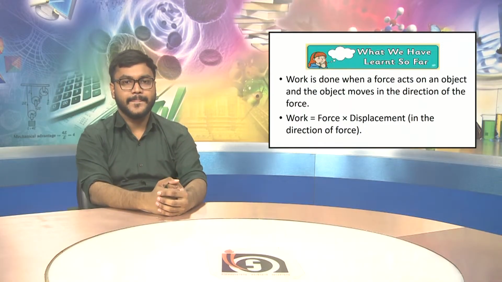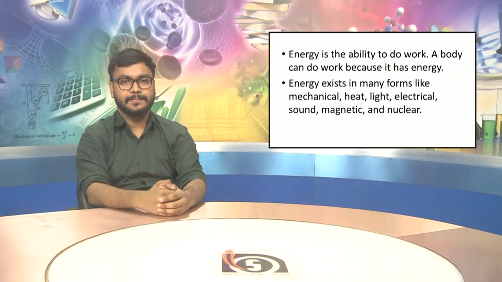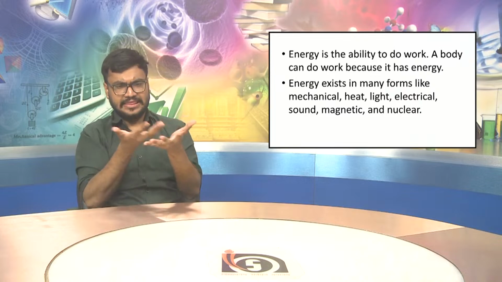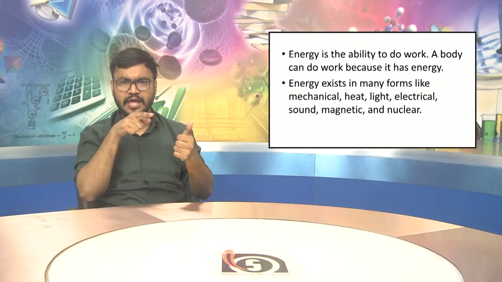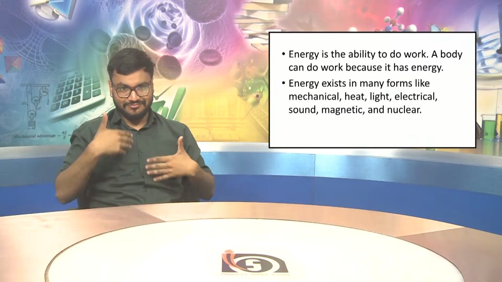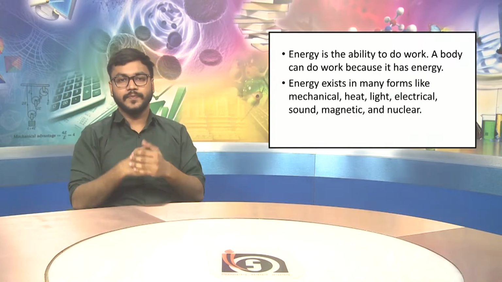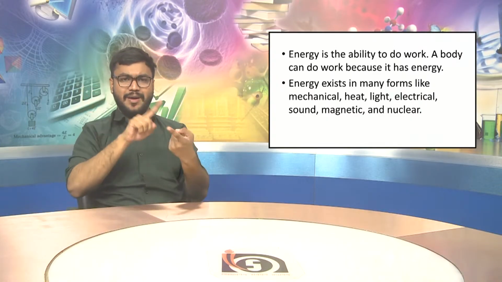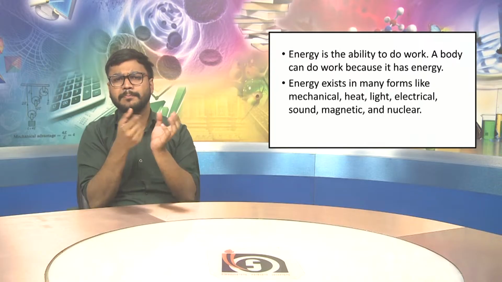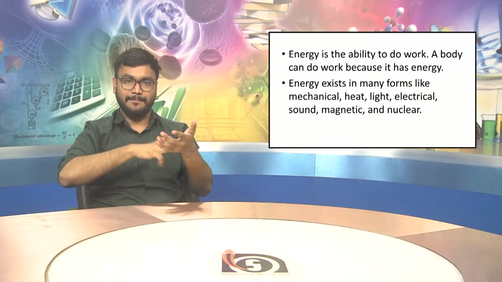We can calculate work by multiplying force and displacement. We know that energy is the ability to do work. A body can do work because it has energy which it gets from food.